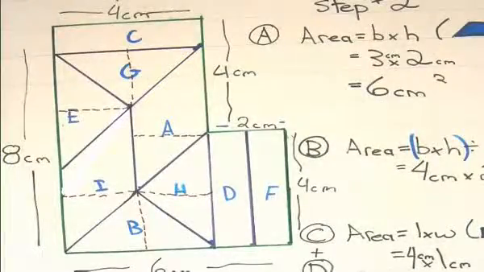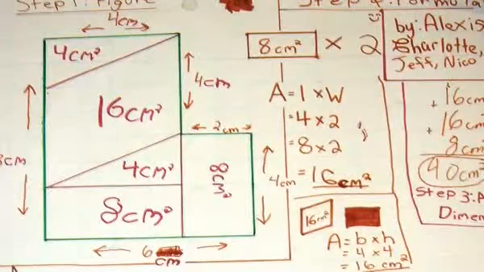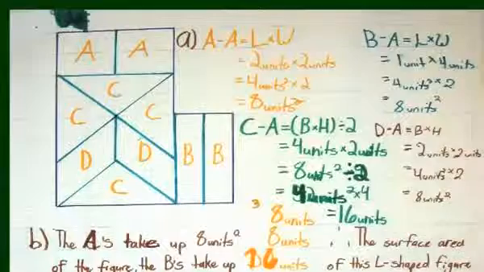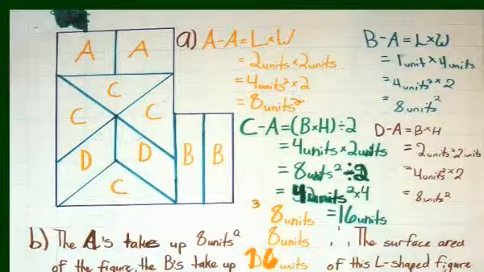Our calculations were base times height divided by 2, and the dimensions were 2 centimeters by 6 centimeters. Okay. Which gave you an answer of 12 centimeters squared, and then we had to divide it by 2 to get our answer of 6 centimeters squared.